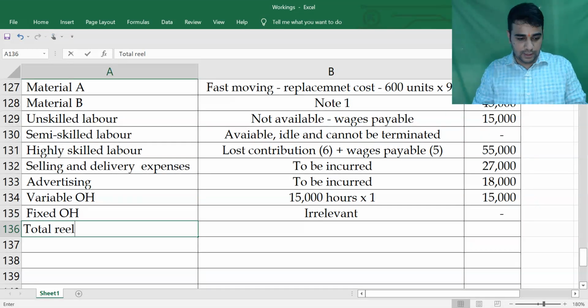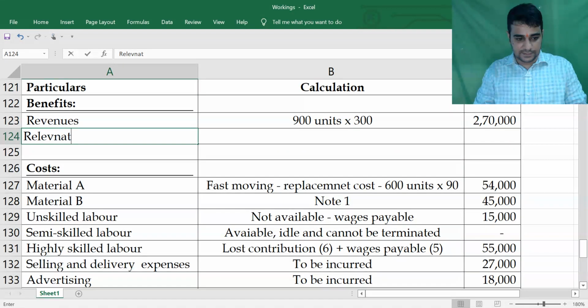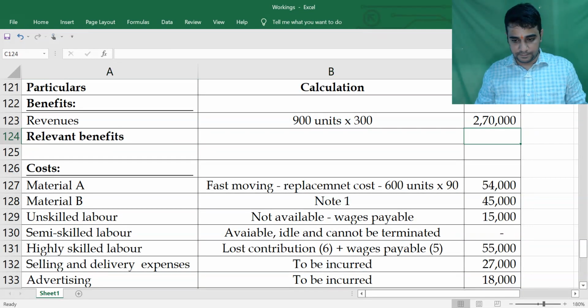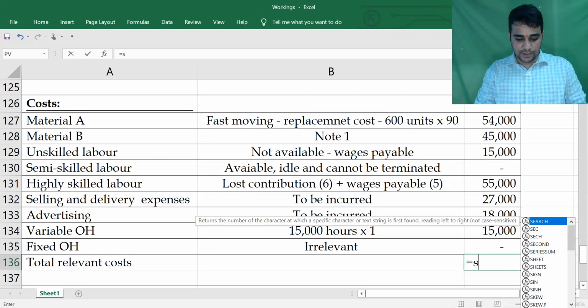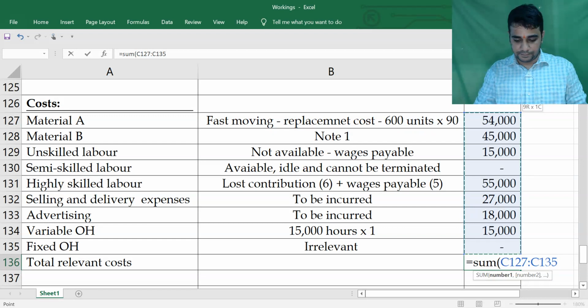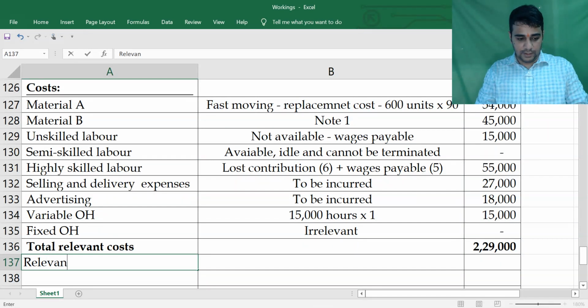Total relevant costs. Relevant benefits, relevant costs, and relevant profit or net profit of alternative 1.